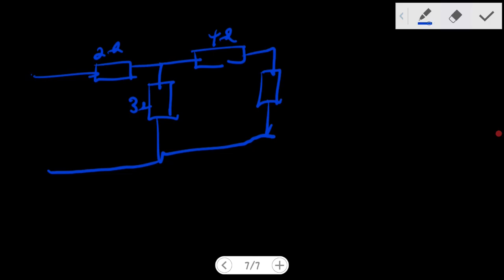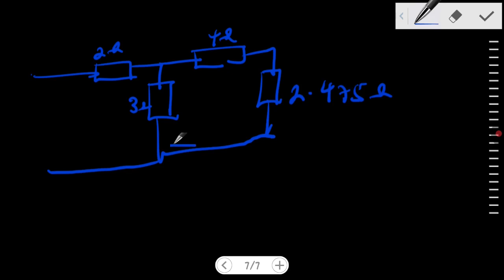Now, if we are to replace this and this by a 2.475 ohm resistor. If you look at this, the 4 ohm resistor and the 2.475 ohm resistor are in series, but in parallel with the 3 ohm resistor.